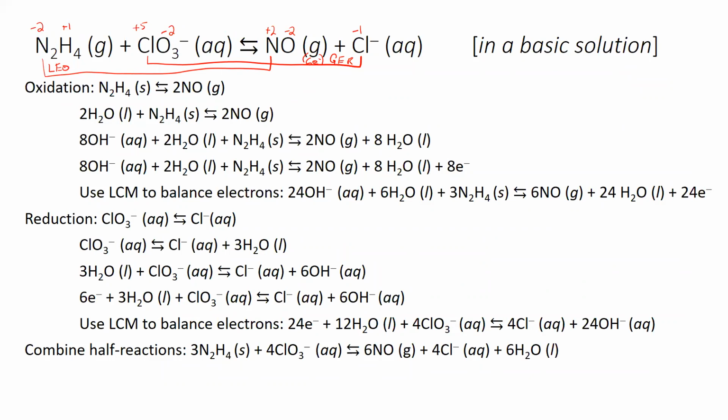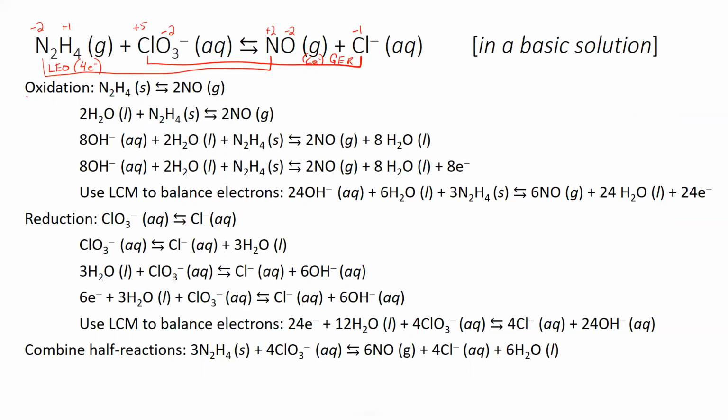This should be familiar from chapter 4, the whole oxidation and reduction stuff, and hopefully you remember doing the balancing. In this case, if each nitrogen goes from -2 to +2, each nitrogen has lost 4 electrons. You don't have to do that, but it's kind of fun to take note of it because you can check that a little bit later.